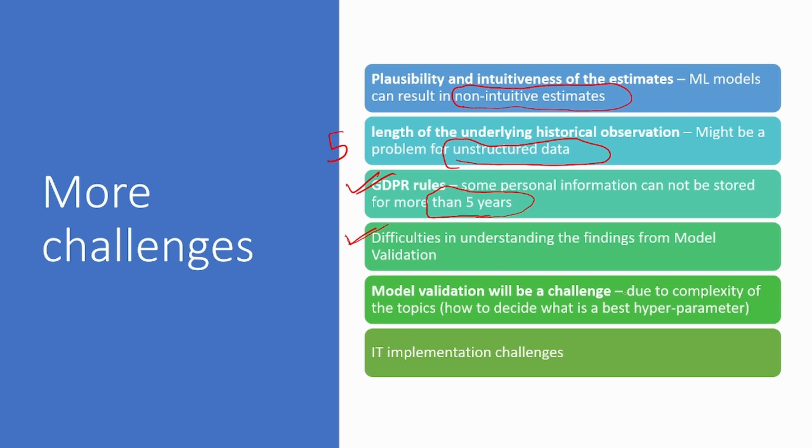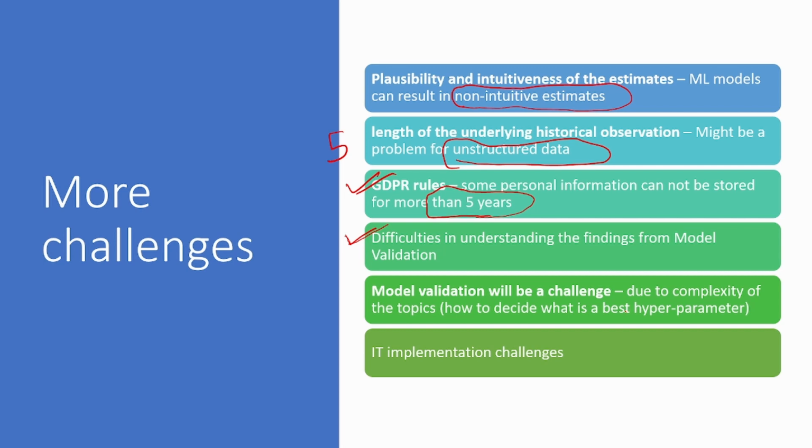Model validation will be a challenge, that I agree, because the complexity of the topics will be more. You have hyperparameters, best hyperparameters, and the model developer might have used some human judgment in deciding the best hyperparameter. So there may be debate between model developer and model validator about the substantiation part as to what is the best hyperparameter.